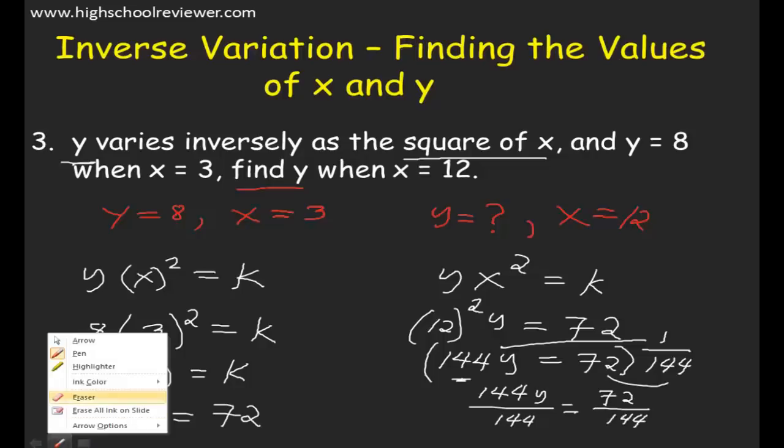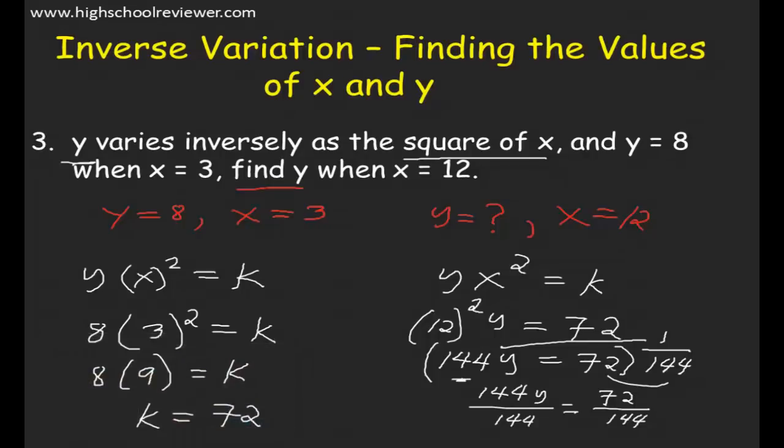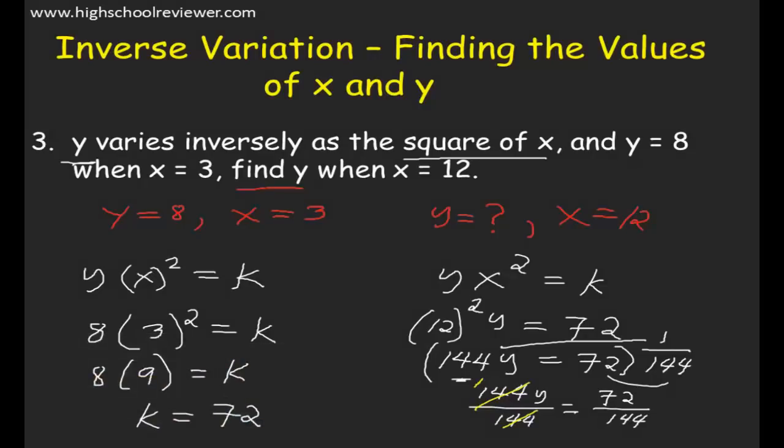So 144 divided by 144 is 1. So 1 times y is equal to y, and 72 divided by 144 is 0.5. So our y here is equal to 0.5 when x is equal to 12.